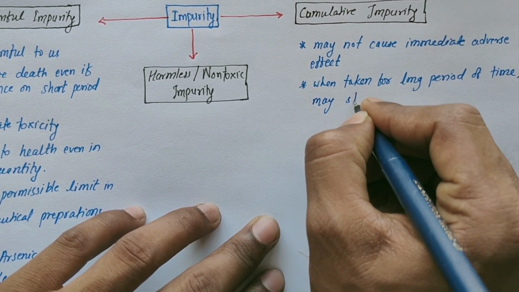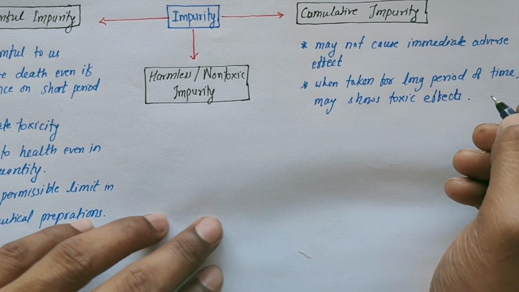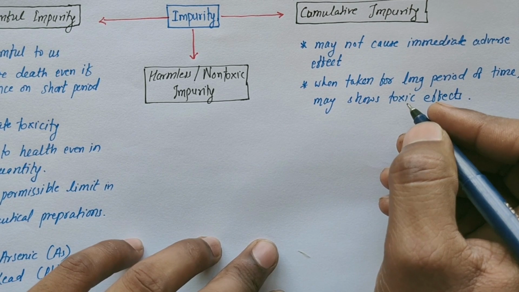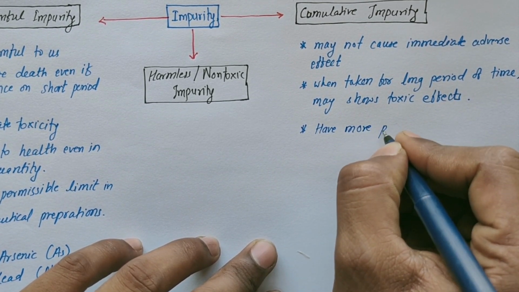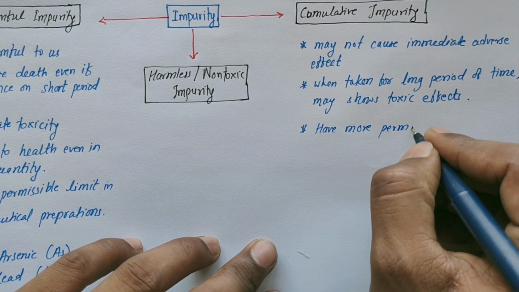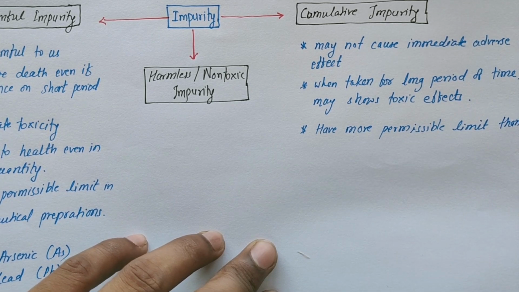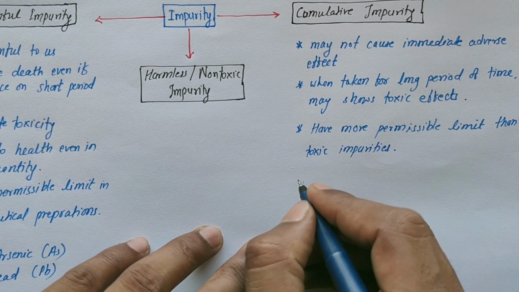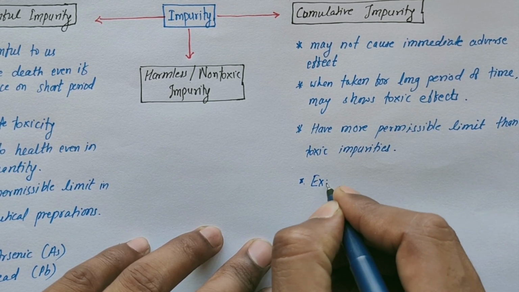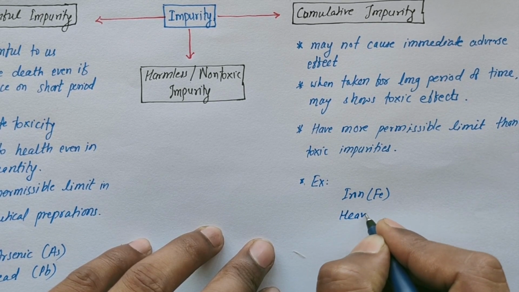Are you getting it? Slowly it will accumulate and can cause toxicity. They have a more permissible limit than toxic impurities because they are a little bit milder or moderate than harmful toxicity. That is why they are present in a little bit larger quantity. Examples are iron or heavy metals. These are the examples of cumulative impurities.